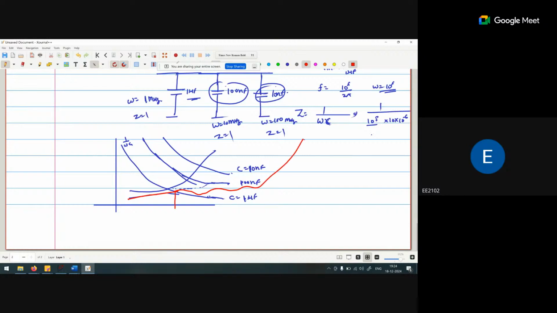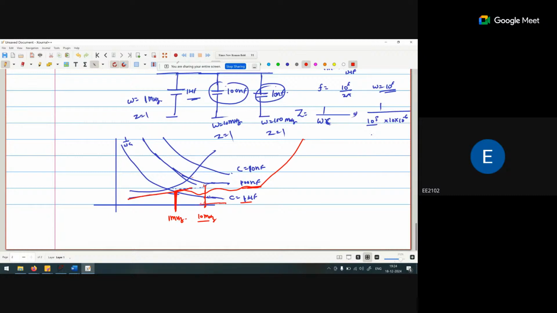If I draw with the other symbol, my Z out span is increasing. Why? Because the 1 microfarad will start working at 1 megahertz. For this one it is working at 10 megahertz. After 1 megahertz it will start increasing, but again there is the effect of the 100 nanofarad capacitor. So again at 10 megahertz, particularly Z value is minimum.